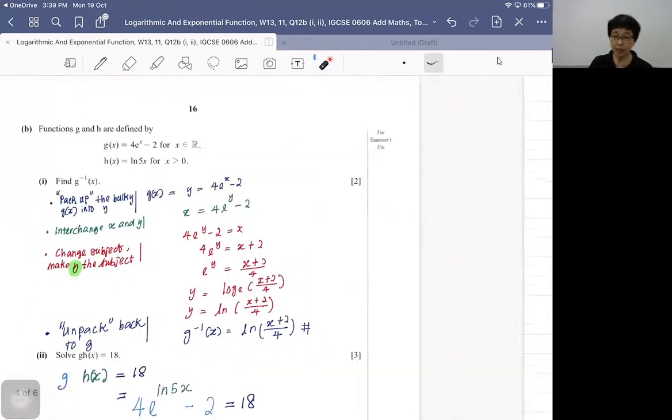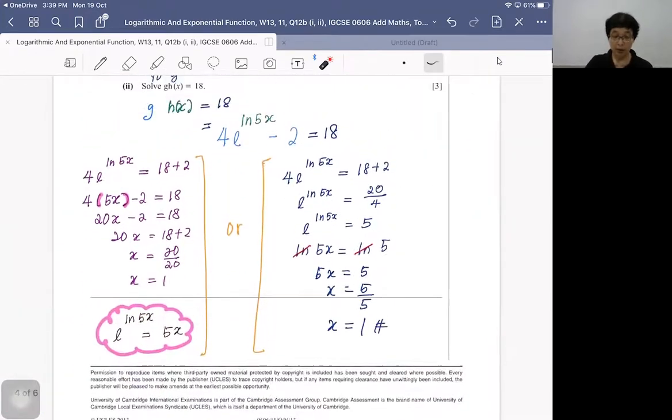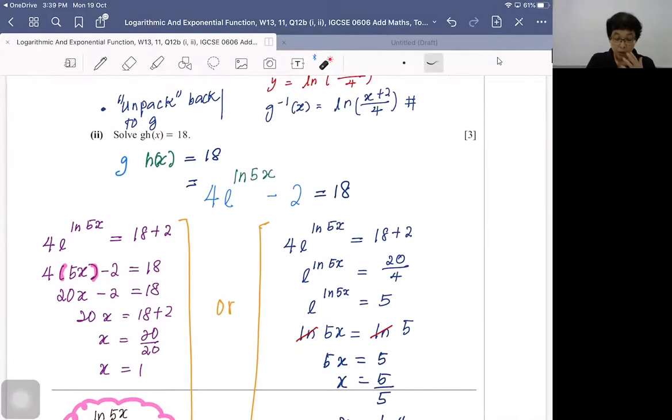Back to the question. So when you're given that, on the left hand side you just write out the composite function and equate it to 18, as was given to you. From here onward, you are going to solve for x.